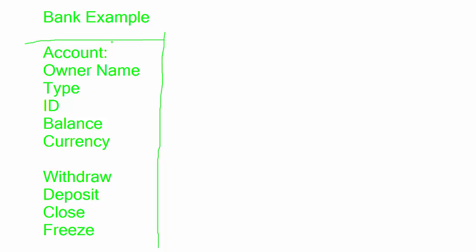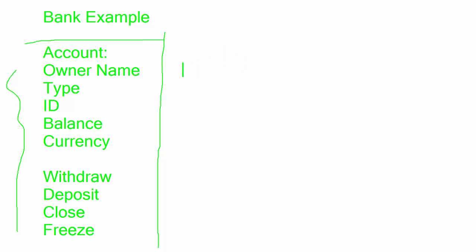I don't have that this is Pesho's account, which has 100 levs in it. This is the structure, the template. If I want to make 2,000 accounts, they are all gonna follow this specific structure. So this is a class.